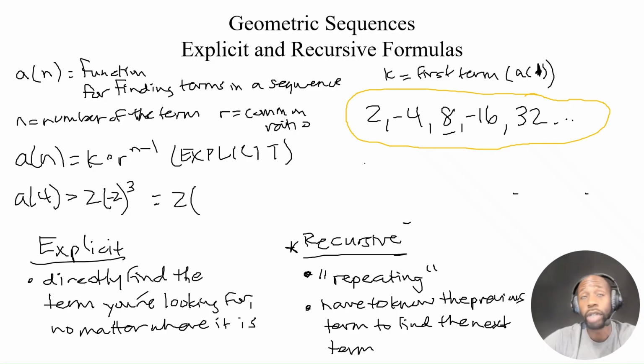That's negative 2 times negative 2, which is 4, times negative 2 is negative 8, so 2 times negative 8 equals negative 16. Bingo. You're able to go right to the term that you want. So that's a quick and hopefully helpful tutorial over geometric sequences and the explicit and recursive formulas for finding those. Let me know in the comments if this video was helpful, and have a good one.